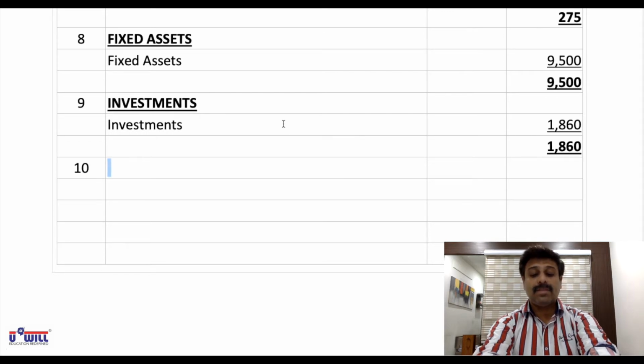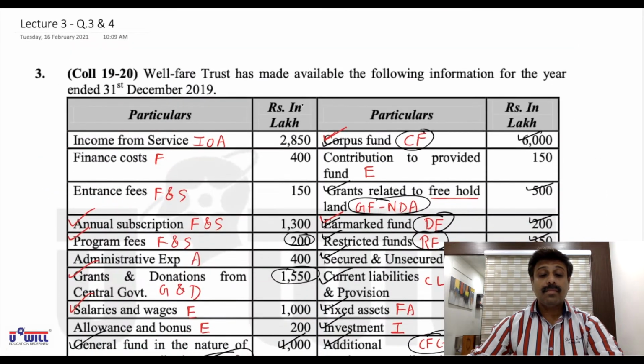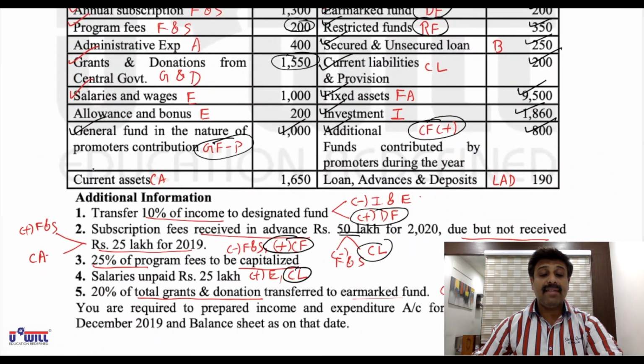Then after investments we'll have current assets. CA marked items. In current assets, we directly have current assets of 1650 first of all.